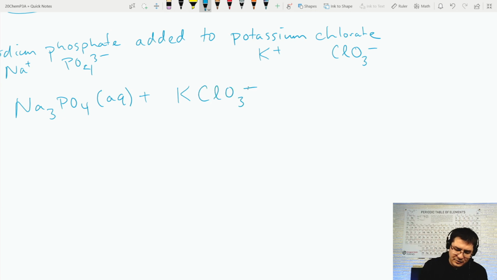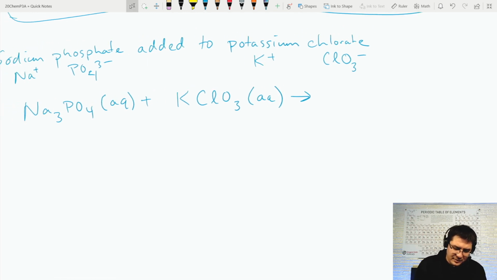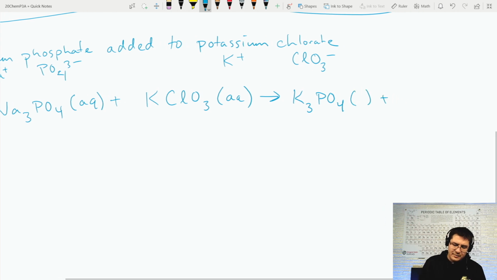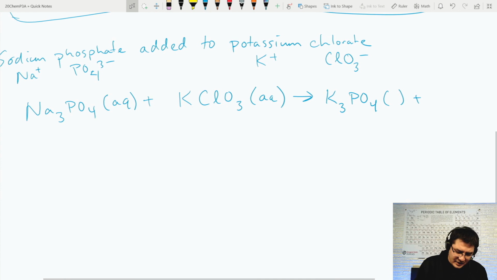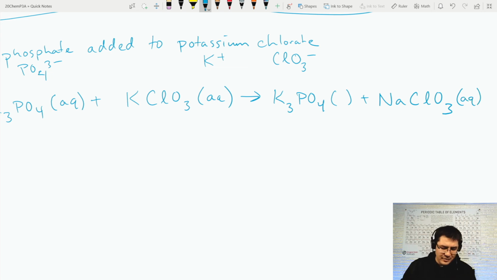All alkali metals are soluble, so aq goes to form. Do your double displacement. I get potassium phosphate, which we're going to determine in just a second. And then the other one, I'd have sodium chlorate. Well, we already said all sodium salts are soluble. And then we also looked at potassium.